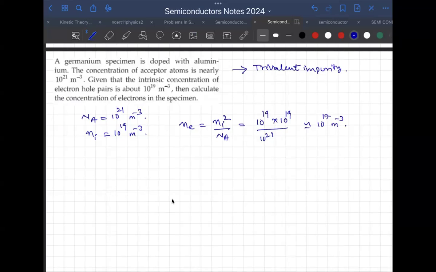Still, 10 power 17 against 10 power 21 is almost a difference of 10 power 4, so you can neglect it, no issues. Any doubts? One simple substitution. Next.